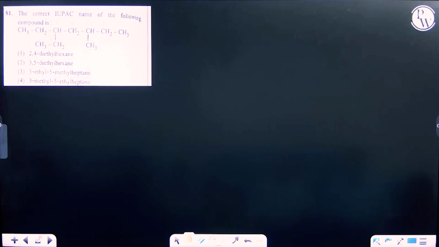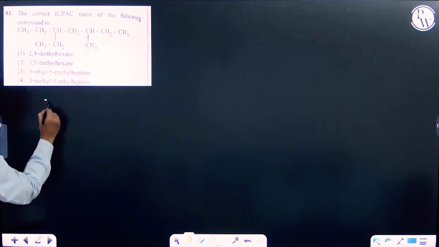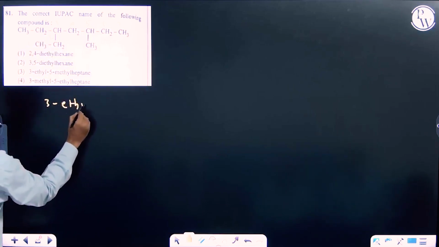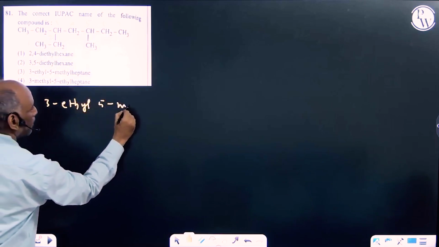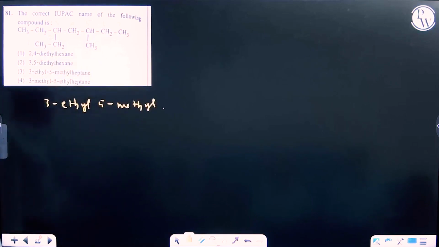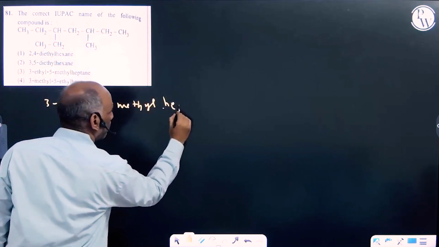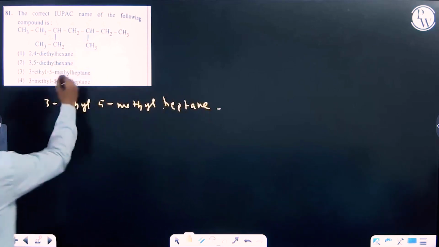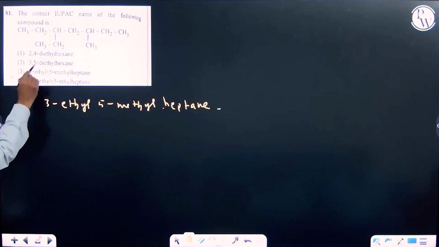Wherever the alphabetical order comes first, that should be given the lowest number. Thereby, the third position has an ethyl group and the fifth position has a methyl group. The long chain is made up of 7 carbons, and hence it is heptane. Thereby, it comes out as 3 ethyl 5 methyl heptane. You will go for the third option.